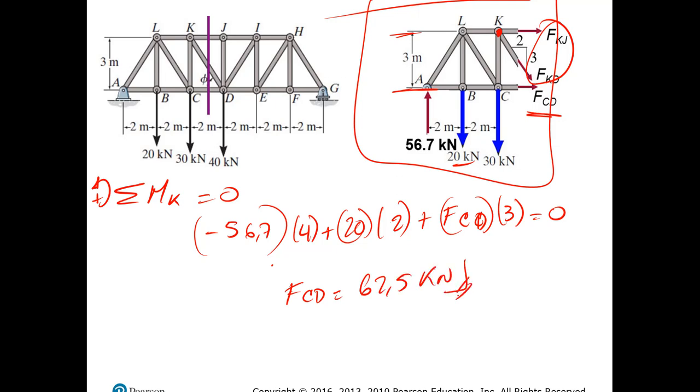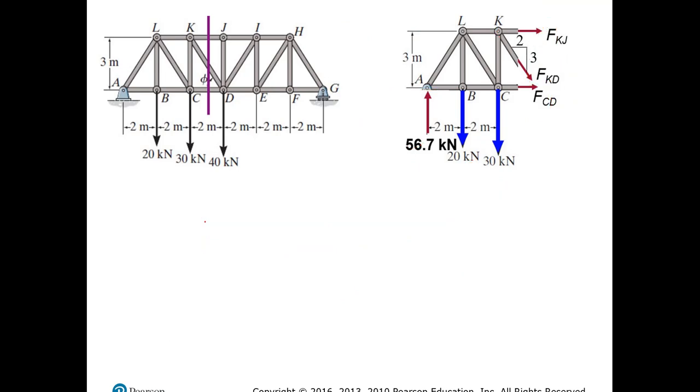Okay, now I got this one. So you have to realize that if you have this one already and this one already, I only have to do sum of forces in the X and the Y direction in order to get everything. So let's do that then. Sum of forces in the Y direction will be equal to 0, and I have 56.7 minus 20 minus 30 minus FKD, and we're going to use the component of this force.